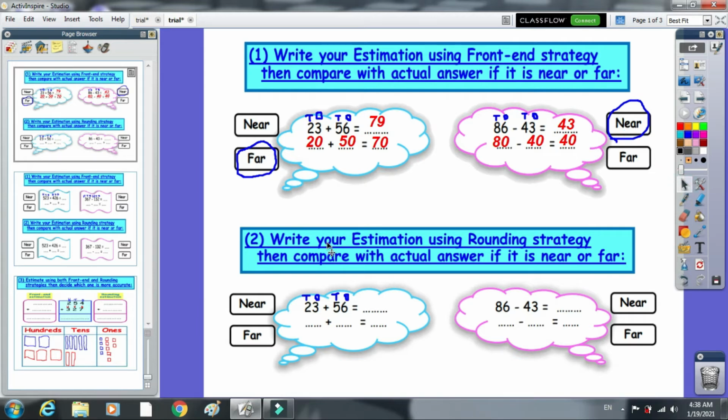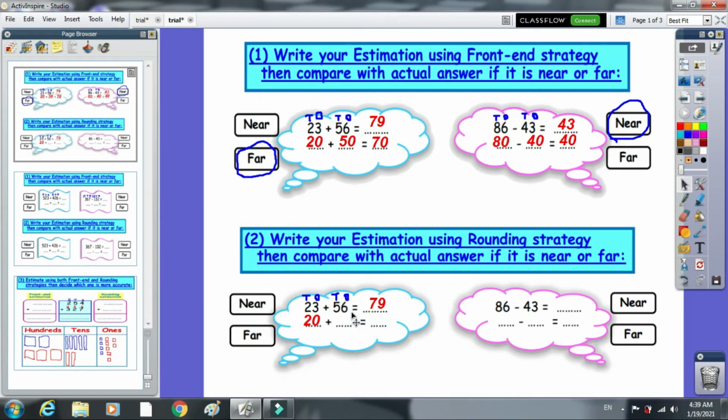Number 2, write your estimation using rounding strategies and compare with the actual answer if it is near or far. I have here the same example, 23 plus 56, and we said that the actual sum equals 79. If we round each number to get the estimated sum, so here 23 will be rounded to be 20, because 3 is a weak number, so the tens will be as it is, 20.